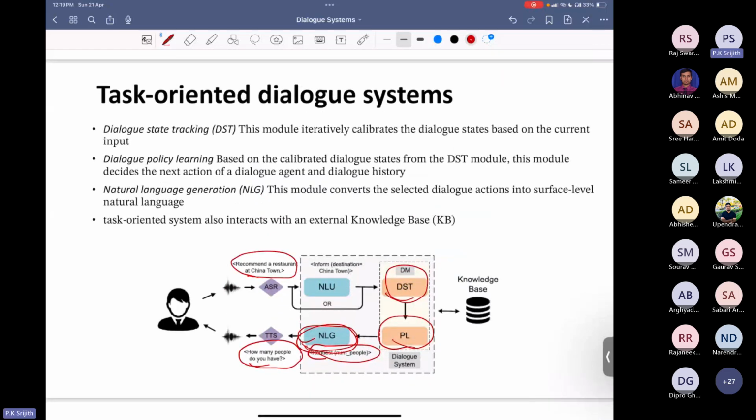So this is something people have tried: instead of querying a knowledge base, because one of the issues is how to integrate the knowledge base into a deep learning framework, so that the whole dialogue manager module can be modeled using a neural network.